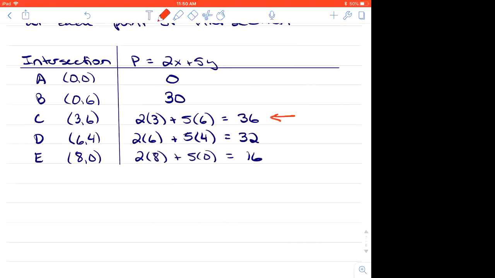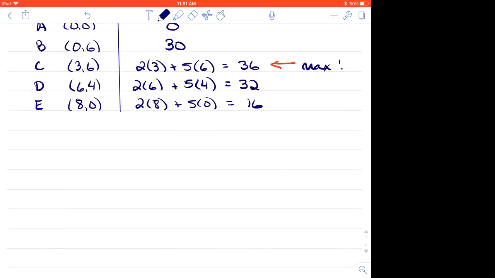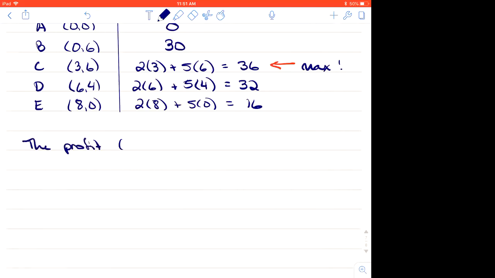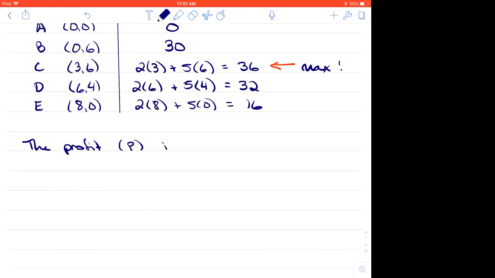The highest one on here is 36, right? So this is the maximum. So we write the profit, or just capital P if you want, the profit is maximized at 3, 6, right?